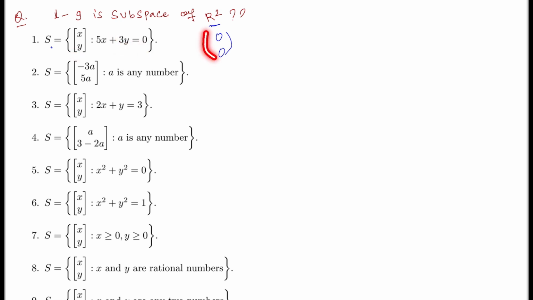Assuming (0, 0) is in this set S, according to the condition, 5 times the first component, which is 0, plus 3 times the second component, which is again 0, should give 0. Yes, I am getting 0, so yes, this will be in the set S. The first condition is checked and it is okay.